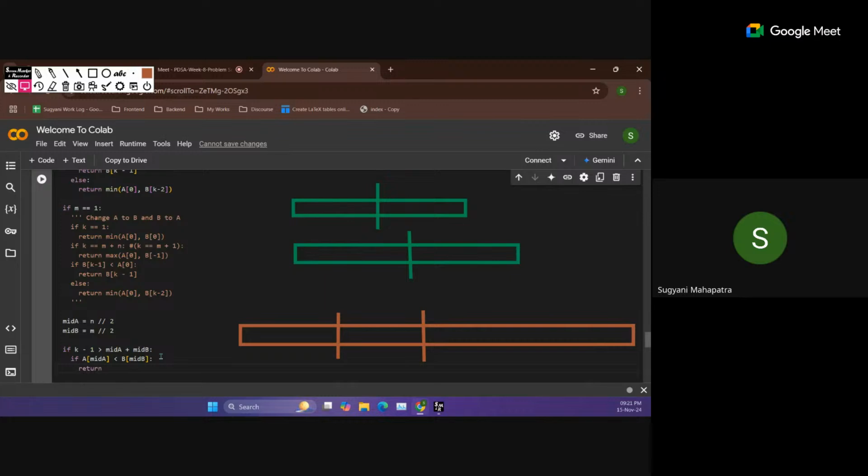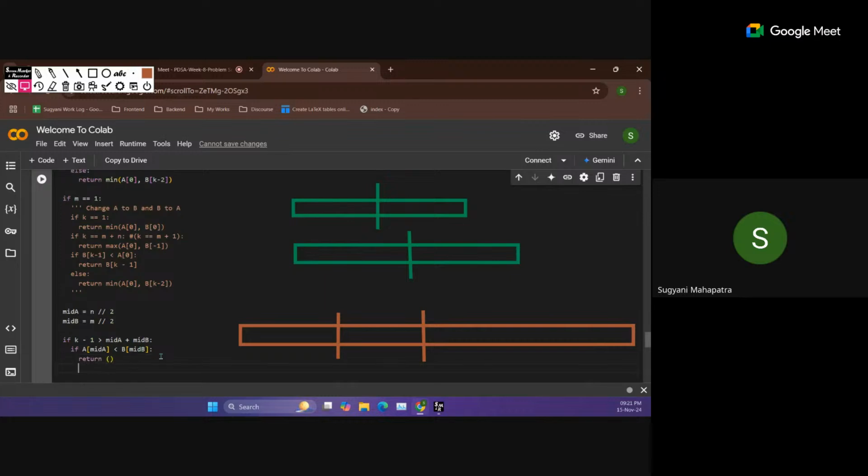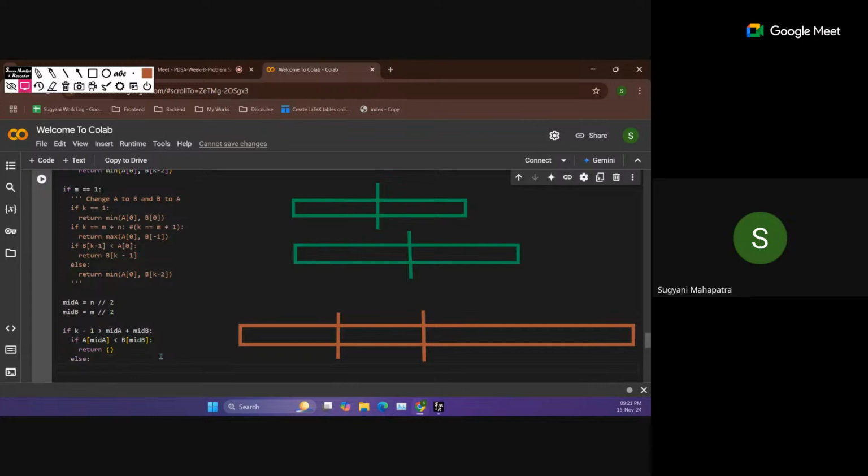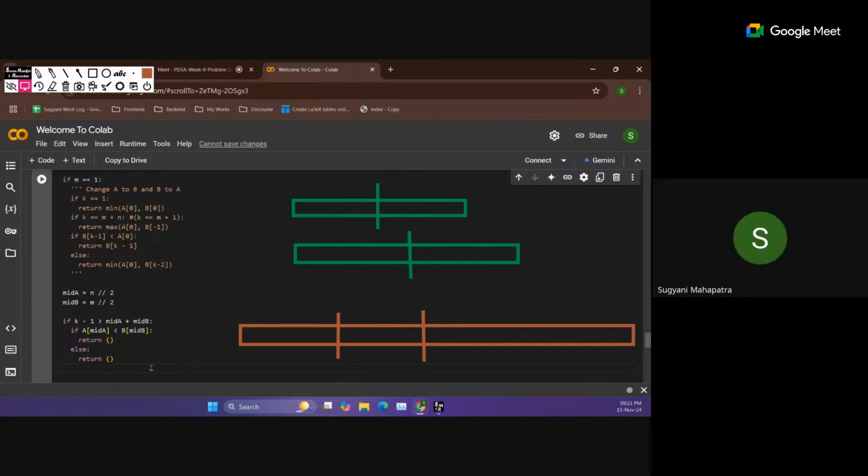Otherwise, for the other condition, where we should look is similar to this scenario. Let's just discuss this part, then we will come back. So this is for the case.